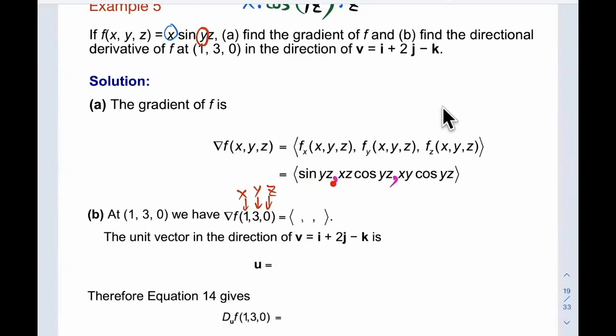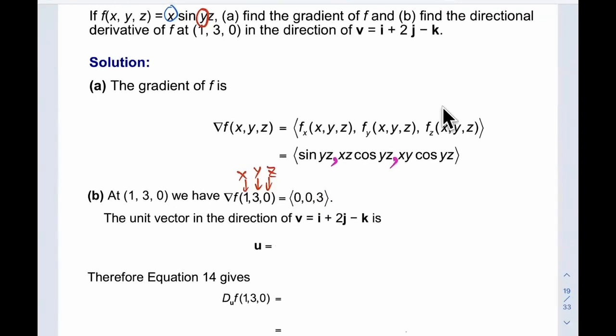What's sine of 0? 0. The next one: when z equals 0, 0 times anything is 0, so the second one is also 0. The last one, 3. Cosine of 0 is 1, and then you have 1 times 3, so it is 3.